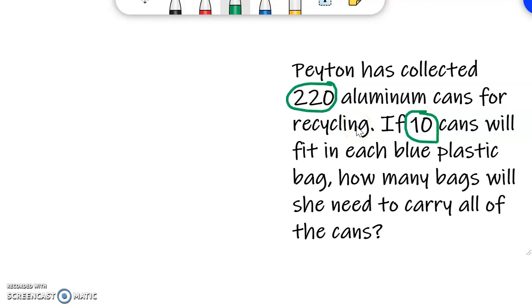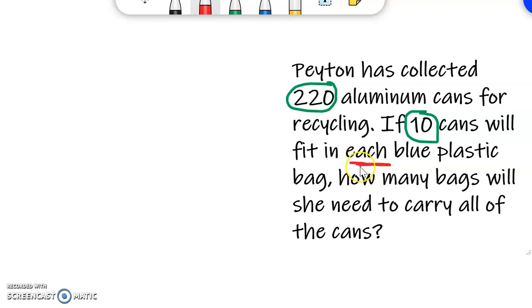If 10 cans are going to fit in each blue plastic bag, how many bags will she need to carry all the cans? So it sounds to me like she's dividing these cans up between different plastic bags, and she needs to know how many bags she's going to need in order to fit all of them in a bag. So my key word here is each.